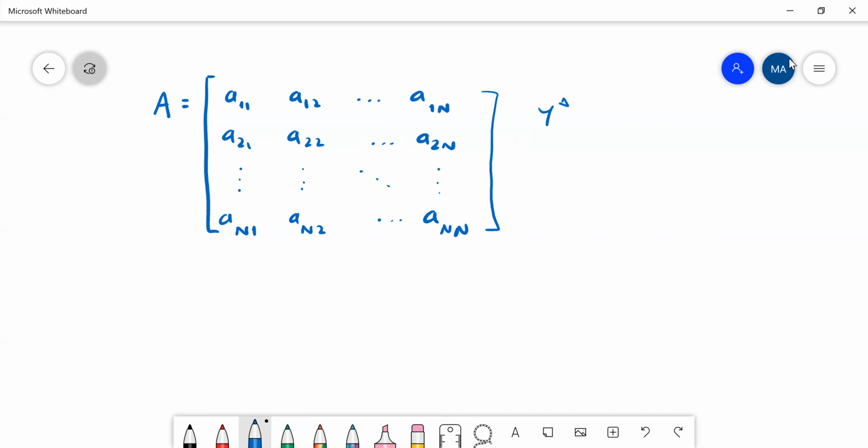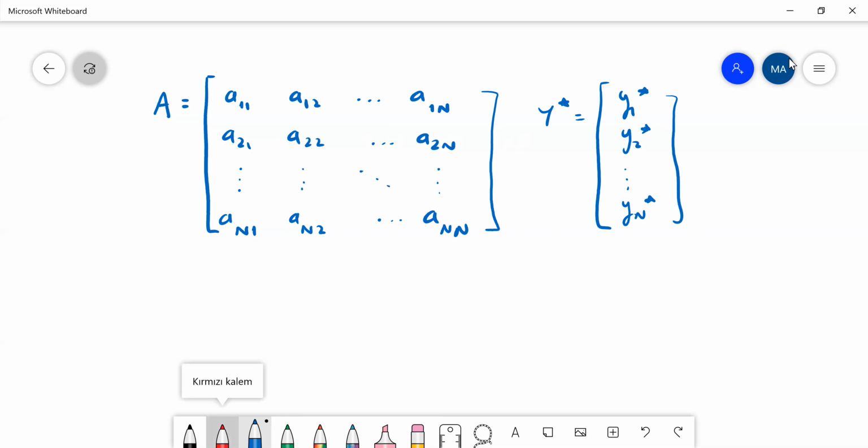And once again, Y star is Y1 star, Y2 star, dot, dot, dot, Yn star. Now, what happens when you multiply? Again, you should be careful with the dimension. This is n by n, and this is n by 1, right? So if you multiply A by Y star, what do you have?